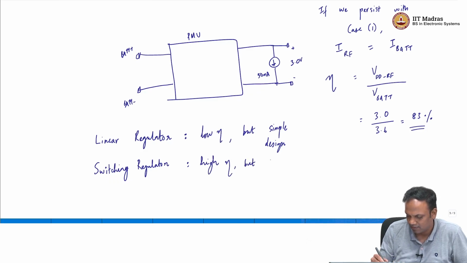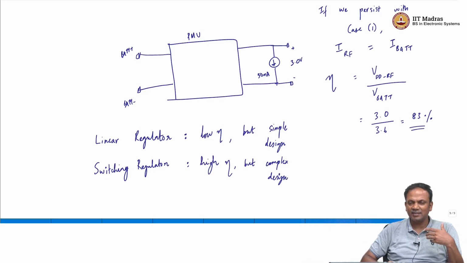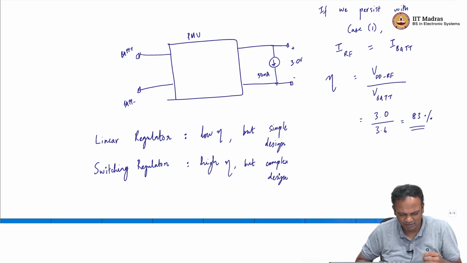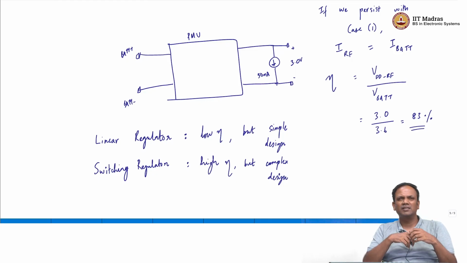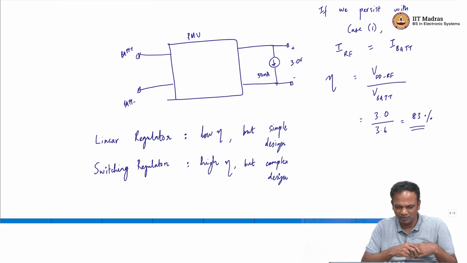but design is complex, right. So, these are the two types of regulators you can think of. Switching regulators can either be step down switching regulators, or step up switching regulators.